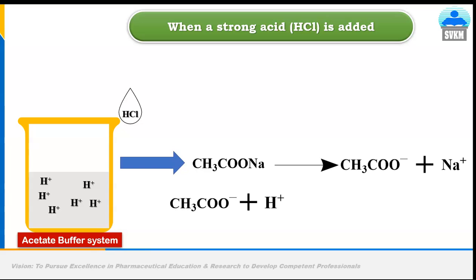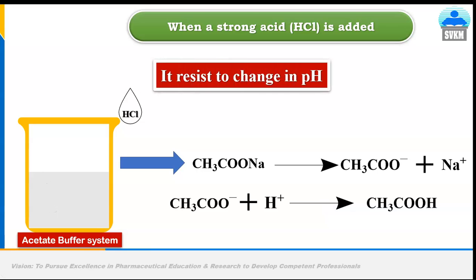The H+ ion increases in the solution, it combines with the acetate ion of the buffer system and gets converted into acetic acid, and in this way it decreases the H+ ion concentration. This acetate ion combines with H+ ion and is converted into acetic acid, decreasing the H+ ion concentration in the solution, and in this way it resists change in pH of the solution.